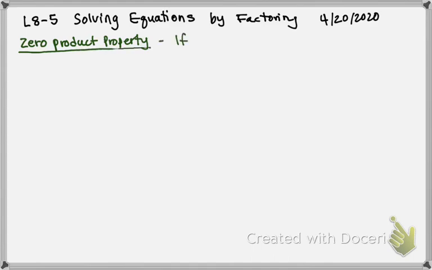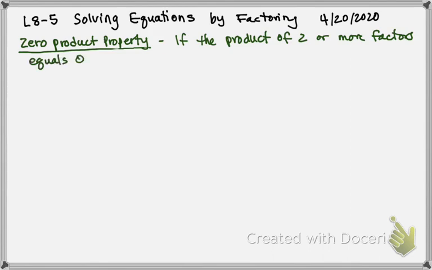So it says if the product of two or more factors equals 0, then at least one factor must equal 0.